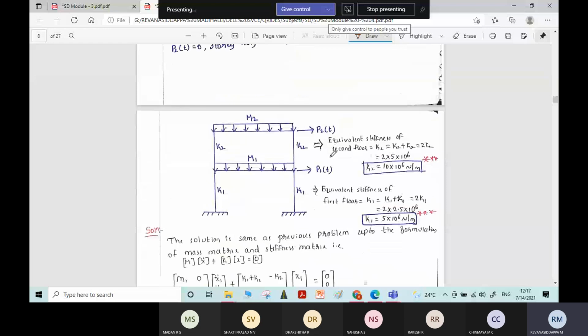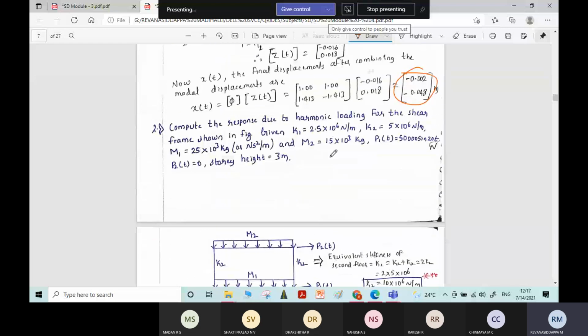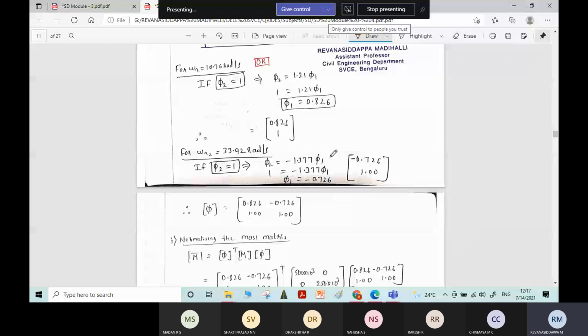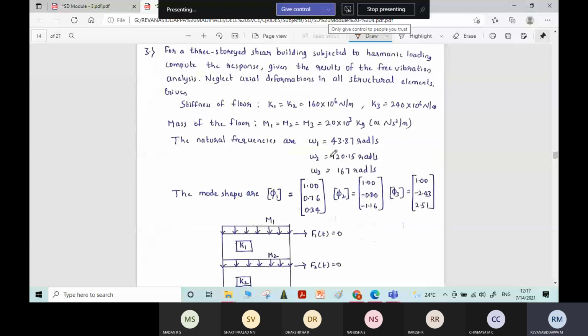This is also a similar kind of problem. Second problem. Similar kind of problem. And one problem with the 3 masses is solved. 3 forces are given.